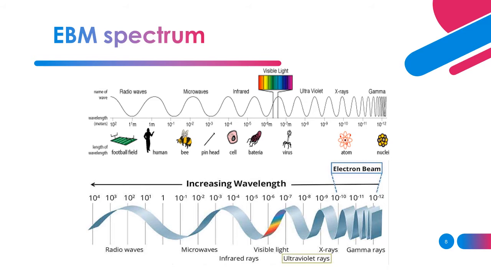So it can produce smaller parts. That's why electron beam lithography is popular in nanotechnology processes.